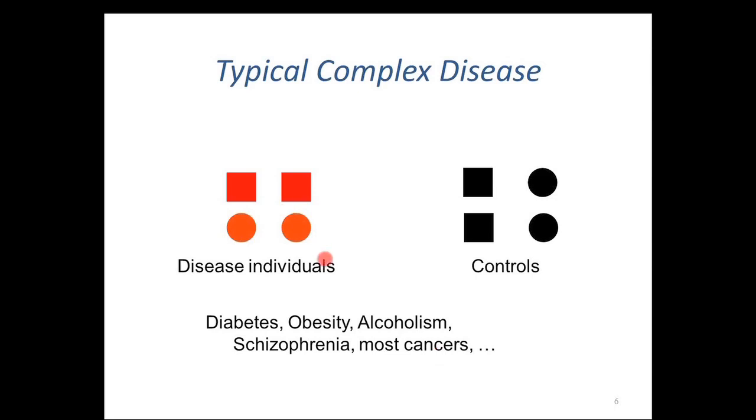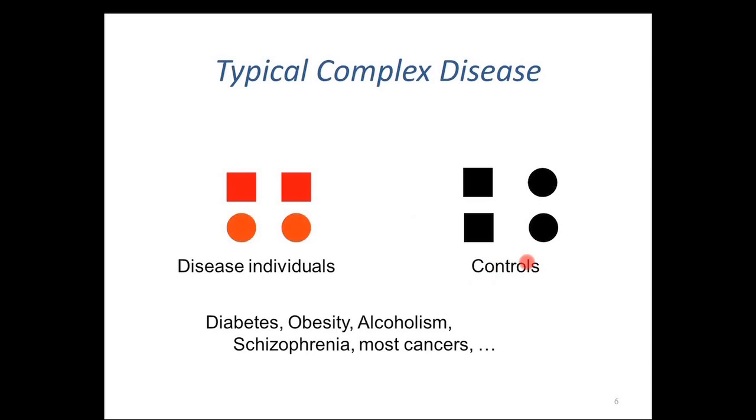And so to identify those genes that are involved in susceptibility, we do studies where we collect individuals who have the condition in question, say a cancer, and those individuals from the population that don't have the disease, and then genetically compare the two.